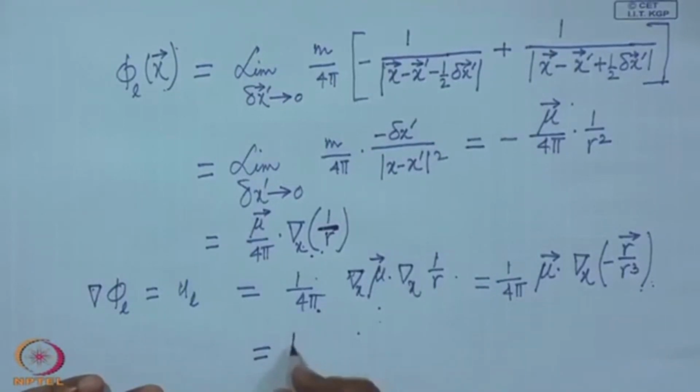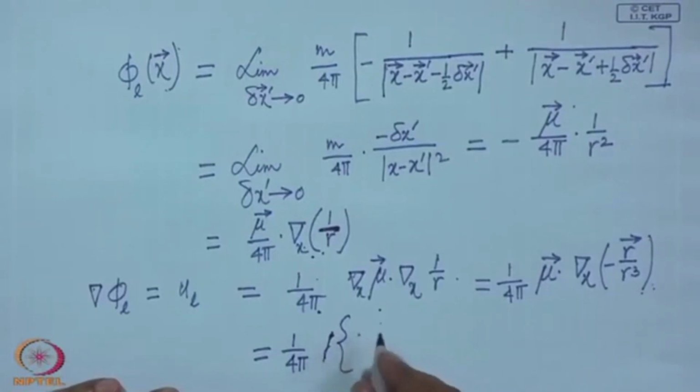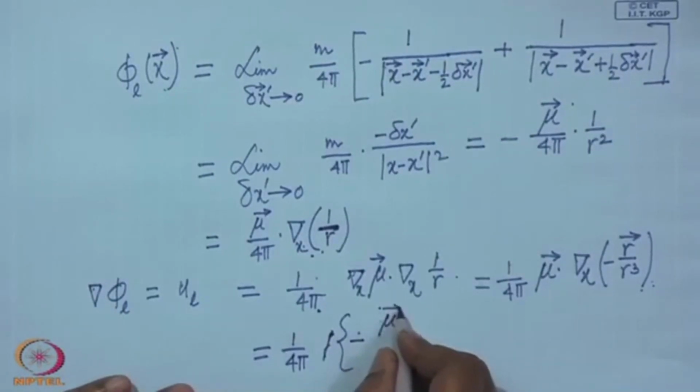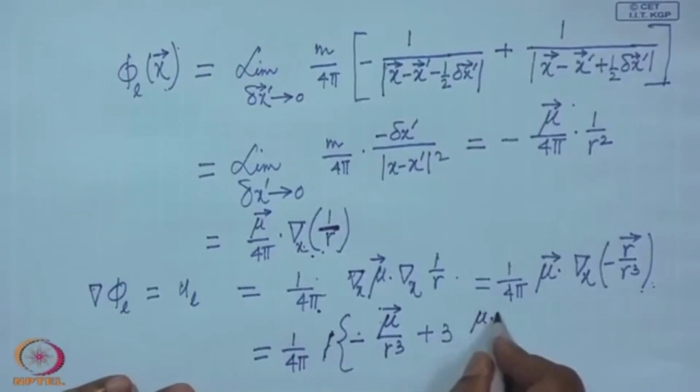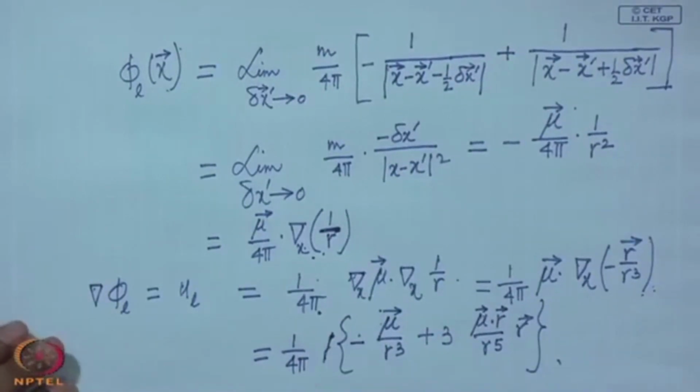One more gradient of that. So, this is the velocity field due to the point doublet.